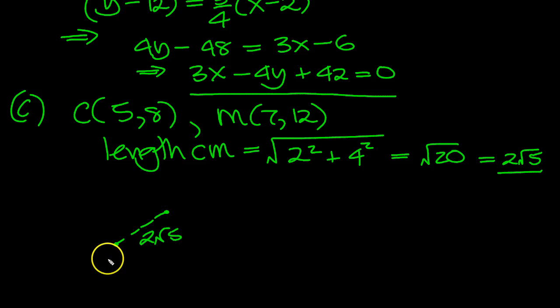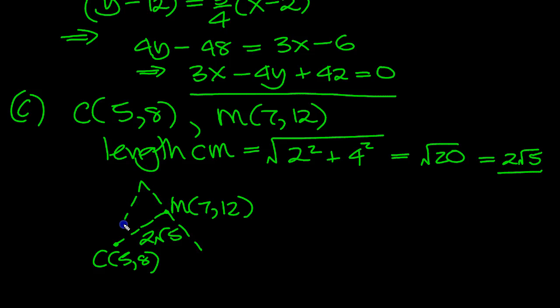Here's C (5, 8), and here's M, which was (7, 12). And here's P and Q, like so. We know that this is a radius, a distance 5, and this is a distance 5, of course. This distance was 2 root 5, so using Pythag, we can work out this distance easily.